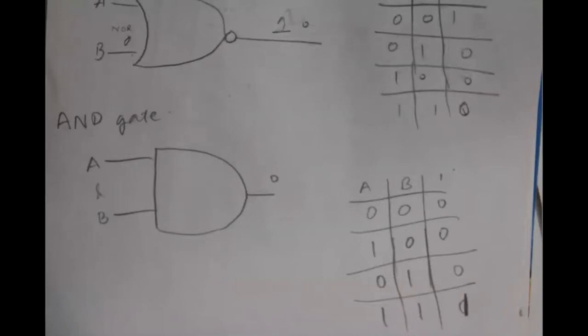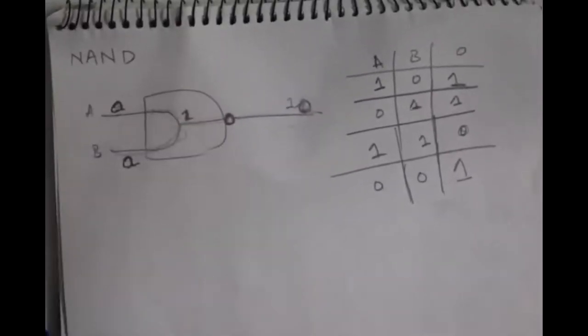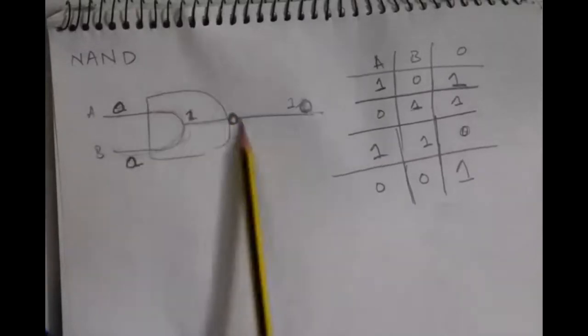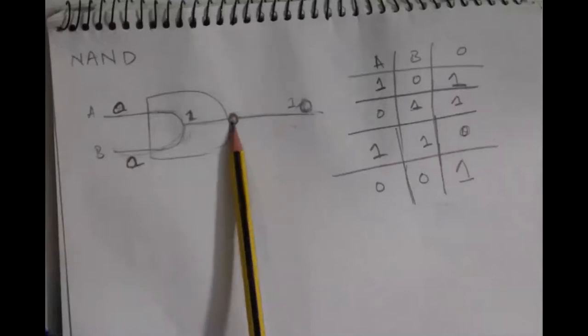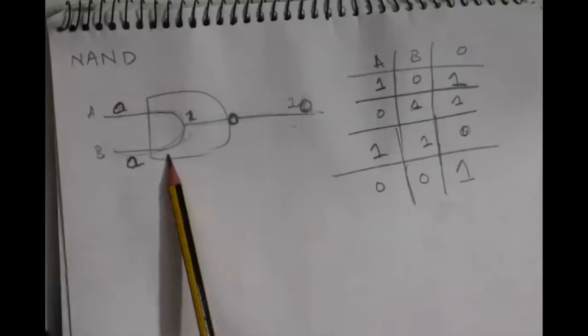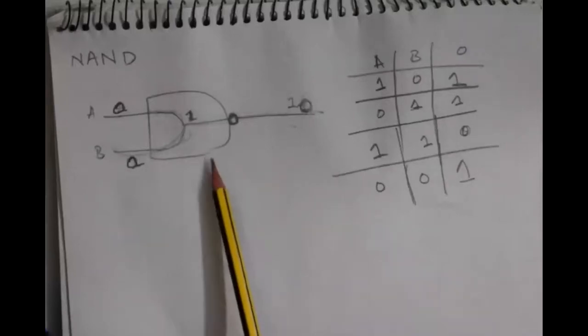Okay, let's move on. And then we have the last one, which is NAND. I had a lot of trouble learning this, but if you get the hang of it, it's the simplest of all of these. It has the symbol of AND and then the circle of NOT in it. The way I learn it is that I keep multiplication in my mind.